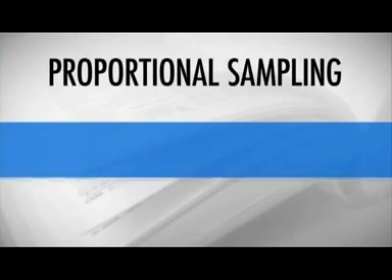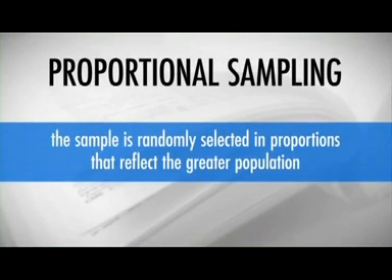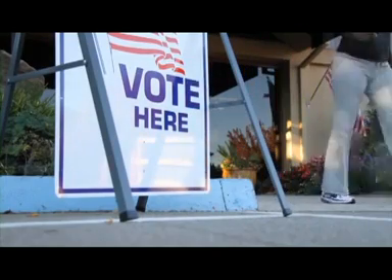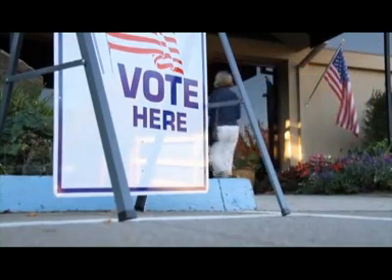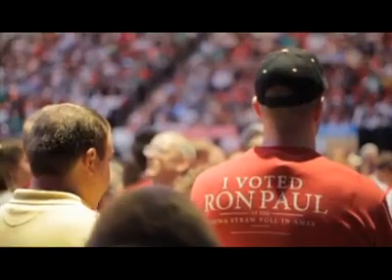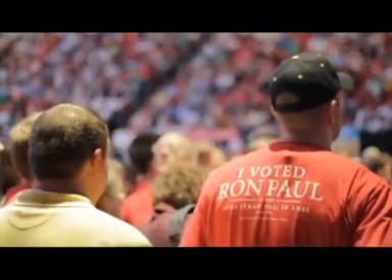In proportional sampling, we randomly select from the population, making sure to select individuals based on their representation within that population. In our voting example, we probably would want to select a sample of voters that includes proportional representation of various sectors, selecting randomly within those subpopulations.